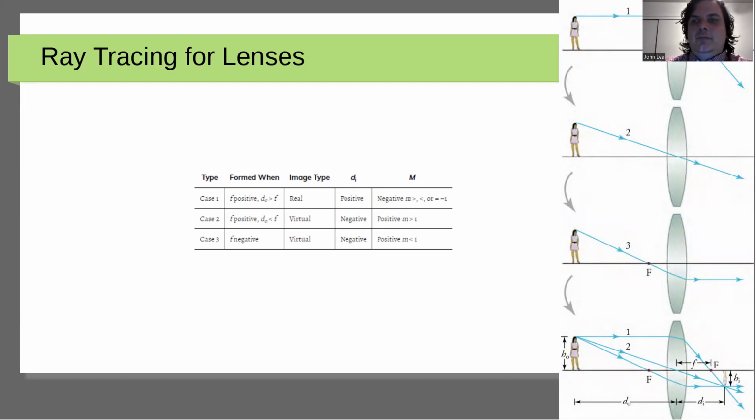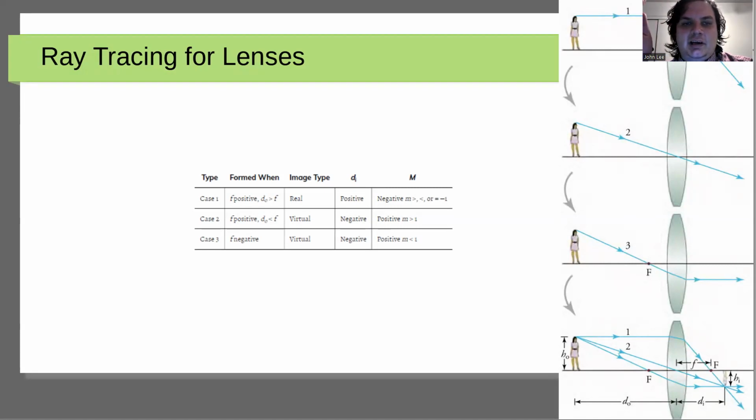So you know that any light that passes through a lens that's parallel to the central axis of the lens, like we were saying with the mirrors, is going to bend towards the focus.